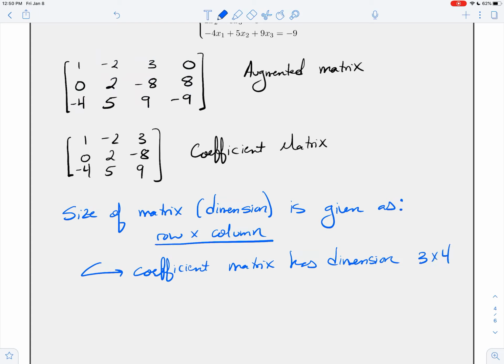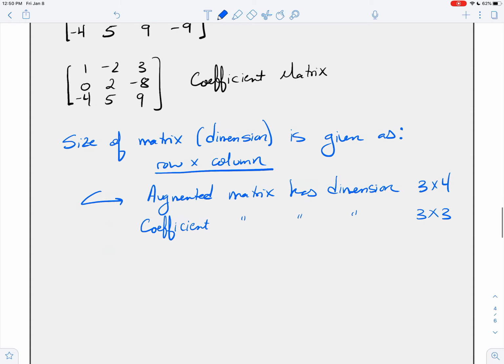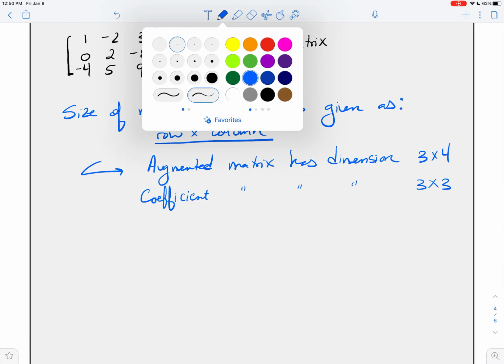Oh wait, I'm sorry, I said coefficient. I meant augmented. You know what I mean. The augmented matrix has dimension 3 by 4. The coefficient matrix, now we've got it right, has dimension, well, 3 by 3. 3 rows, 3 columns. Okay, let's make one more comment just so that we're crystal clear here.